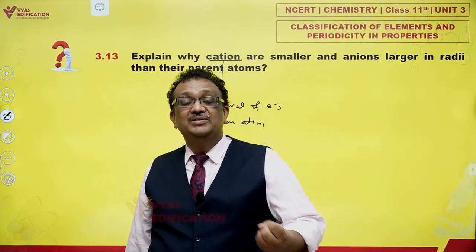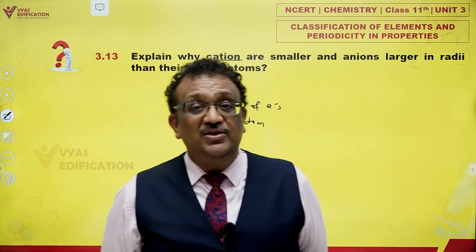I have read another explanation. It says that once we have a lesser number of electrons, the nuclear pull increases, because now the nucleus has to pull fewer electrons, so it pulls stronger. This is a very loose explanation and scientifically it's wrong.